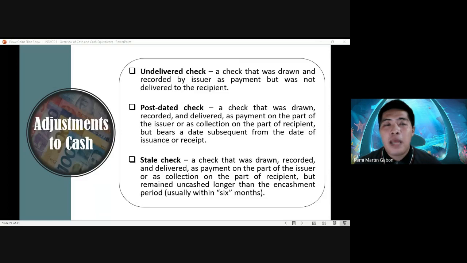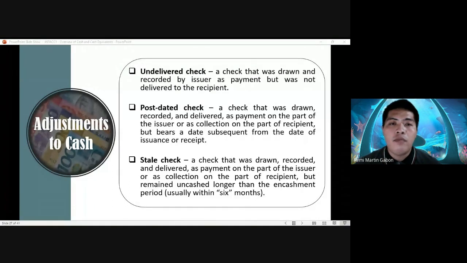Okay? Pero if December 31 comes, anytime starting December 31, I can present the check for final encashment na. Okay? So take note of that.